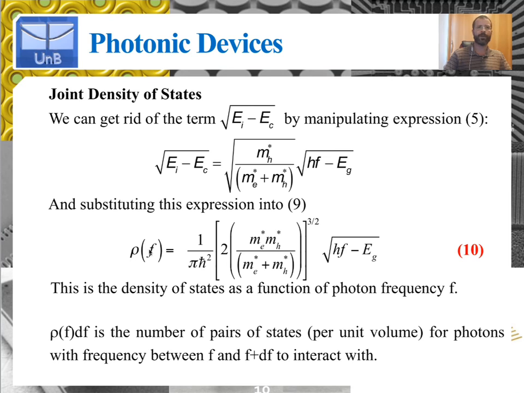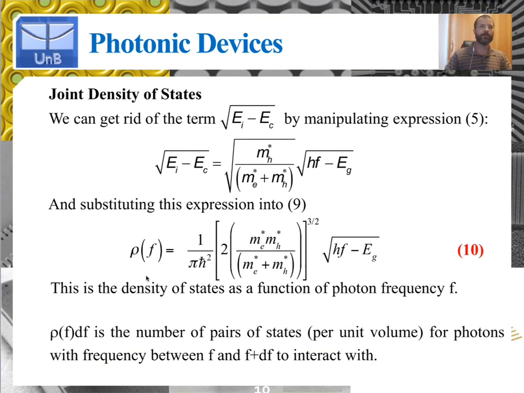So rho of f is equal to all of these constants right here, which we get by substituting this here and doing a little bit of algebraic manipulation. And so this constant here times the square root of hf minus E_g. So the joint density of states grows with the square root of frequency.